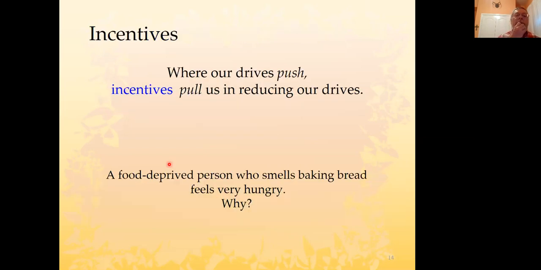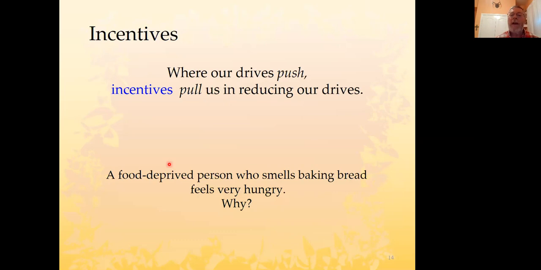And that also brings up incentives. Whereas these drives have the sense of pushing us to do something to correct the situation, incentives are stimuli in our environment that pull us towards approaching certain stimuli to reduce drives.